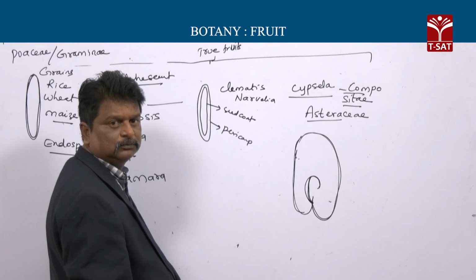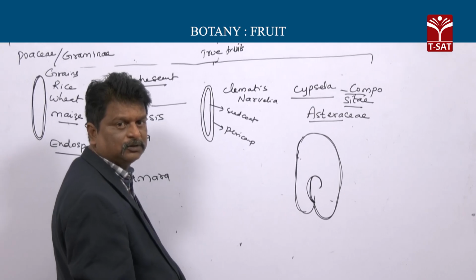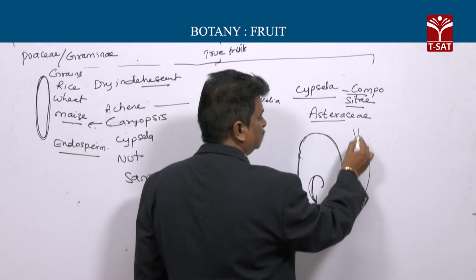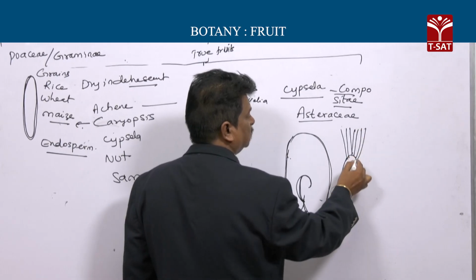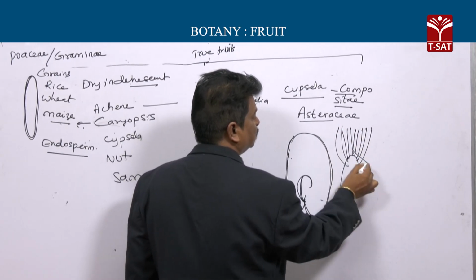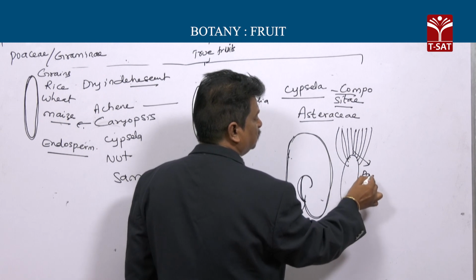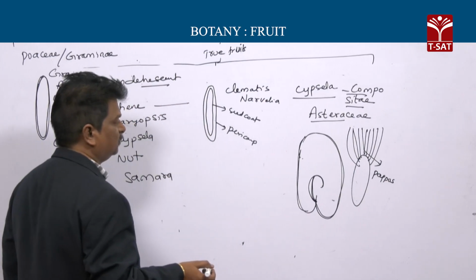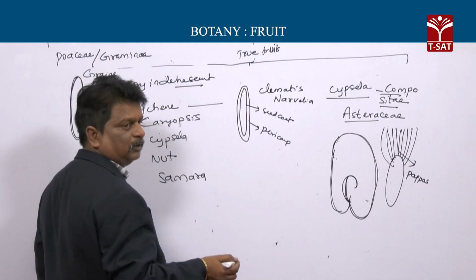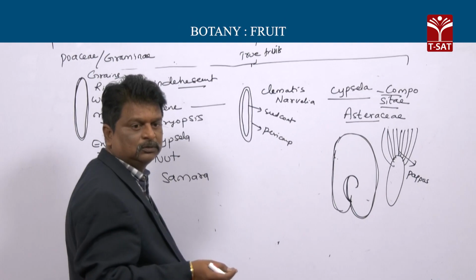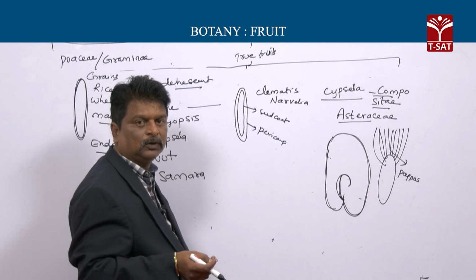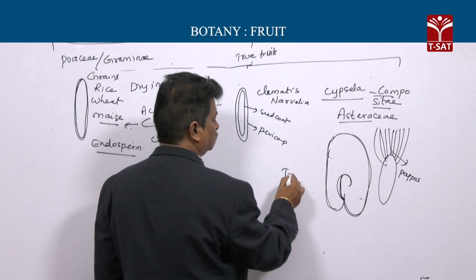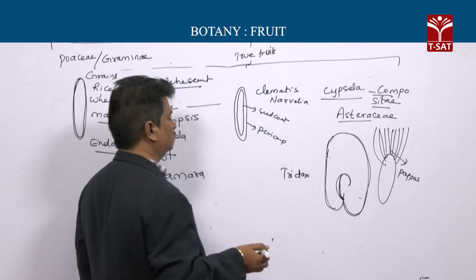So it is called basal placentation. And cypsela fruit is characterized by the presence of calyx. This calyx is reduced to hairs called a pappus, and during fruit dispersal, the pappus opens like a parachute, hence it is called parachute mechanism. Example for cypsela is Tridax.